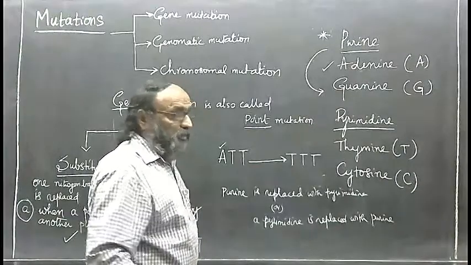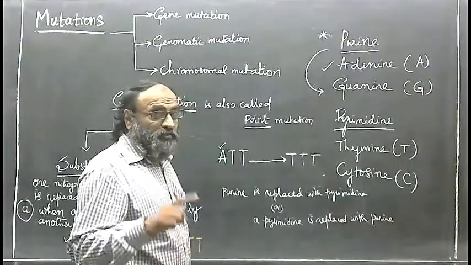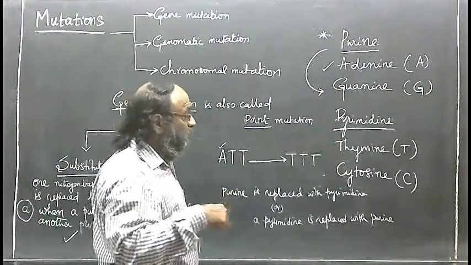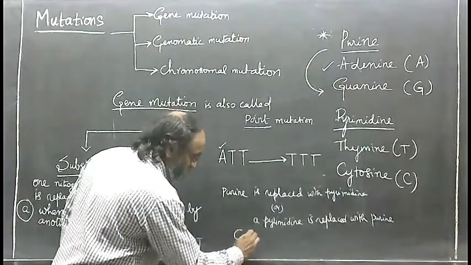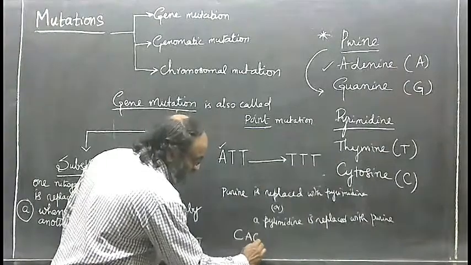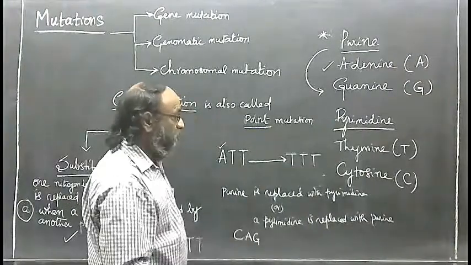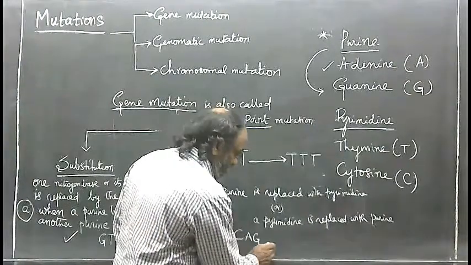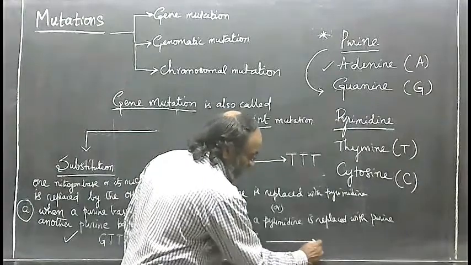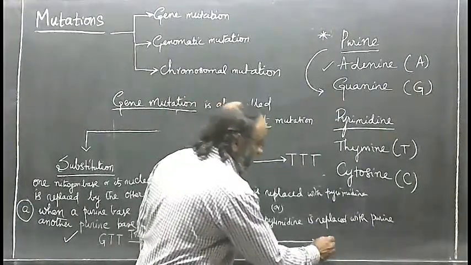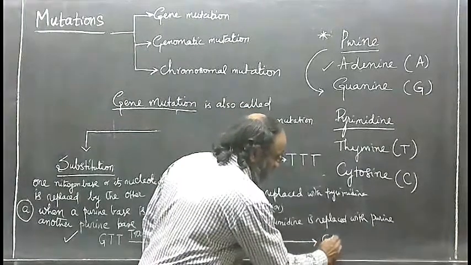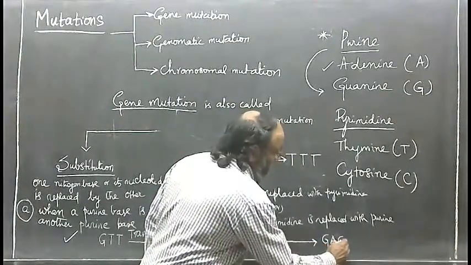Sometimes a pyrimidine is replaced with purine. Say for example, there is a codon CAG, which upon mutation forms GAG.